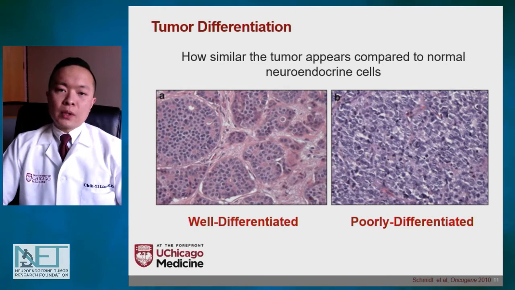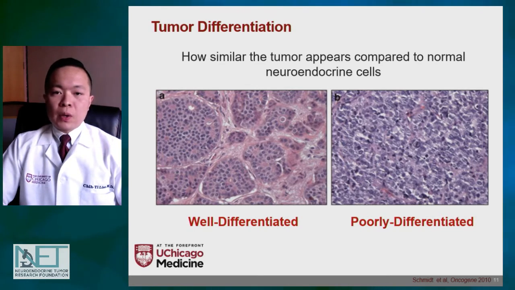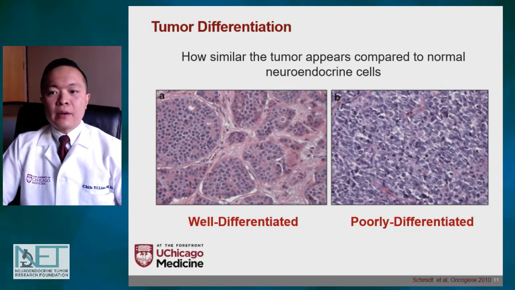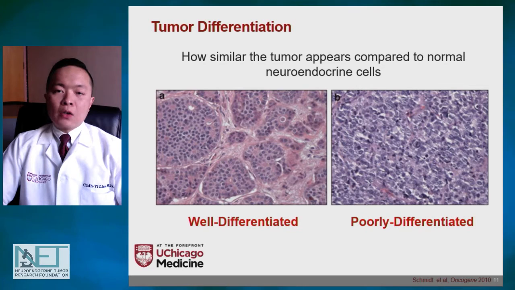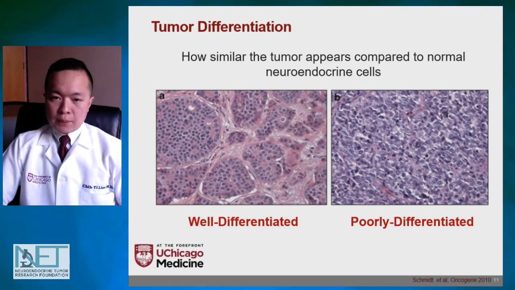So what is tumor differentiation? Differentiation refers to how similar the tumor appears compared to the normal neuroendocrine cells that the tumors originated from. In other words, it's basically how the tumors look under the microscope morphologically.